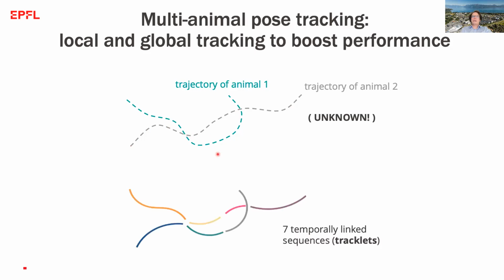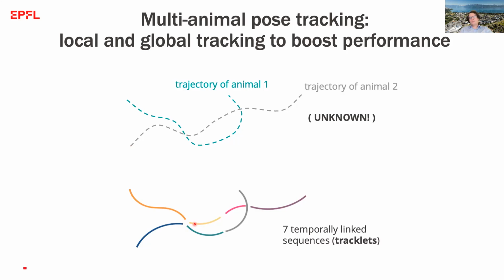And what a local tracking algorithm depicted down here would most likely give you is different tracklets that will be interrupted exactly at the times when the animals get extremely close to each other. Because in this case, it's no longer trivial to link across frames which animal is the same one. So from this local tracking algorithm, we get different tracklets.